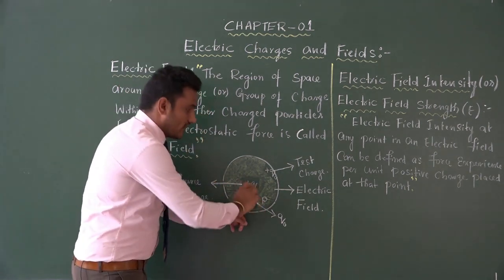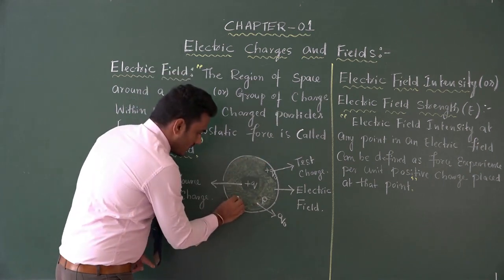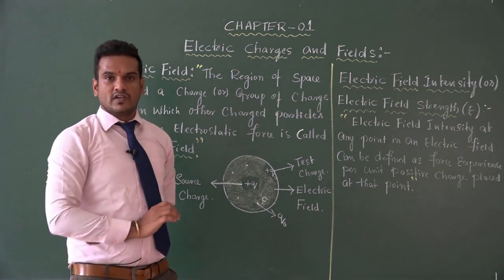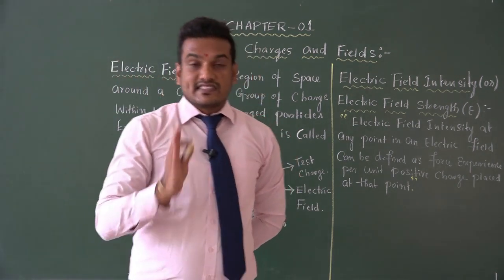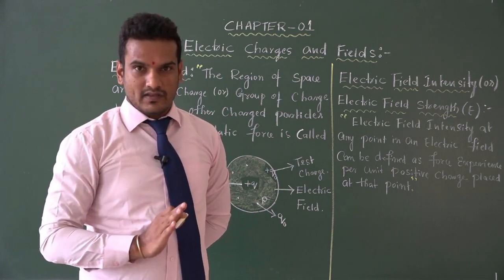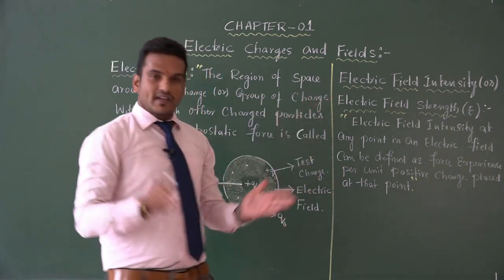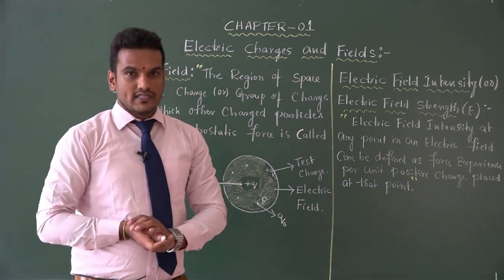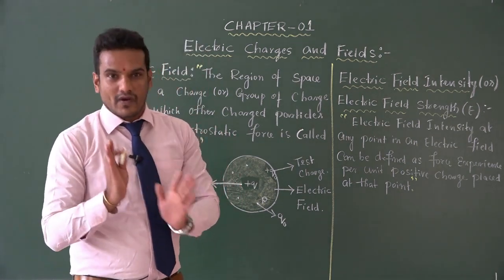So it can be calculated at any point. Here also we can calculate, here also, here also. So we can calculate the strength of an electric field at any point in an electric field. The strength of electric field is the force experienced per unit positive charge placed at that particular point.